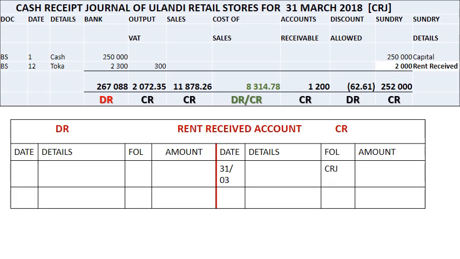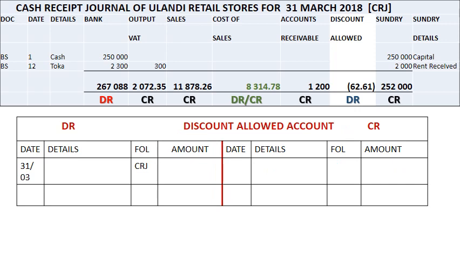We move on to the next account under sundry details, which is rent received. We open up the rent received account. On the credit side, we reflect the date, the 1st of March. Details is bank, folio, cash receipt journal, amount as shown under sundries.